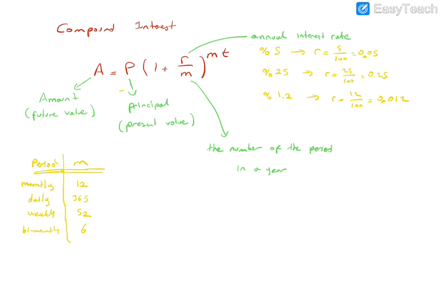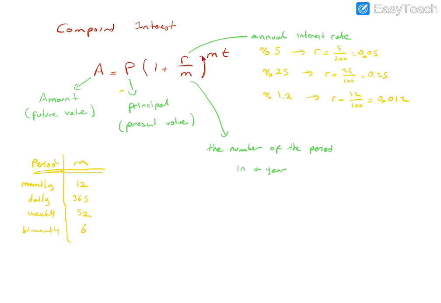As a result, this formula is very important for you, and for given r and m, the amount A is equal to the principal times the exponential function, with base b, to the power m times t.